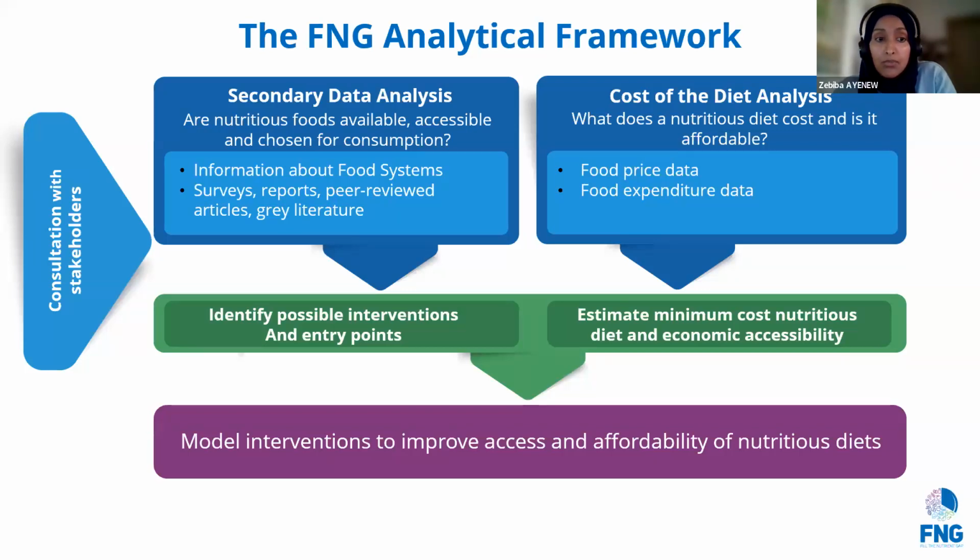We involve them through a highly consultative process. And this helps us identify possible interventions and entry points. Then at the end, we model these interventions to see their impact on improving access and affordability of a nutritious diet. Next slide, please.